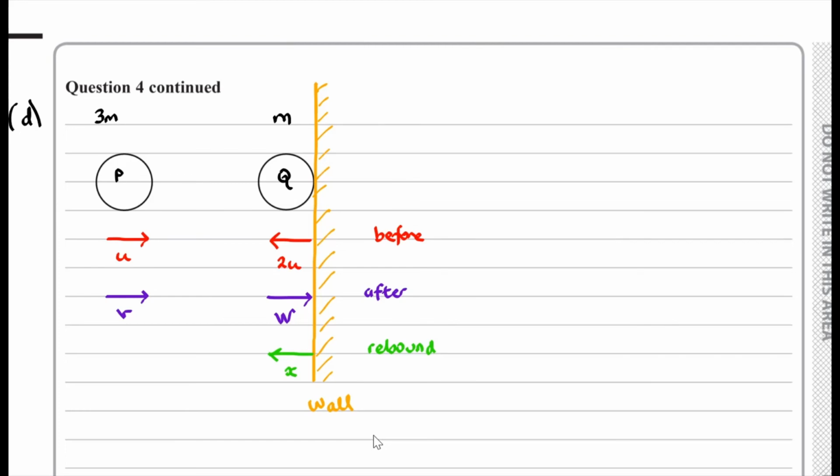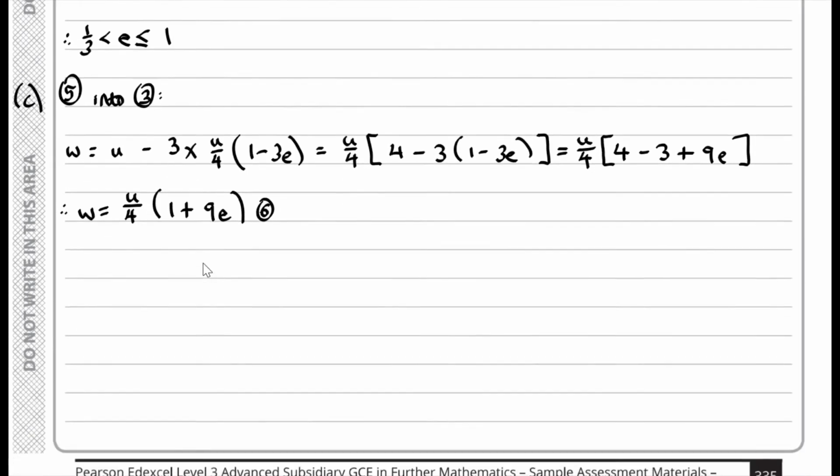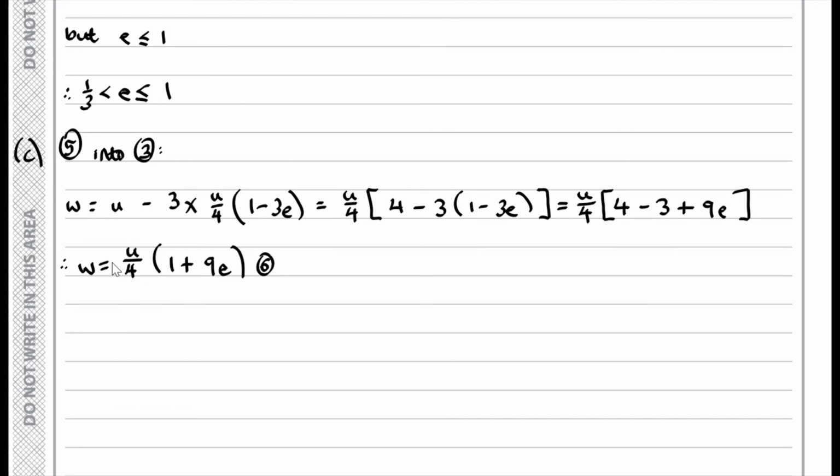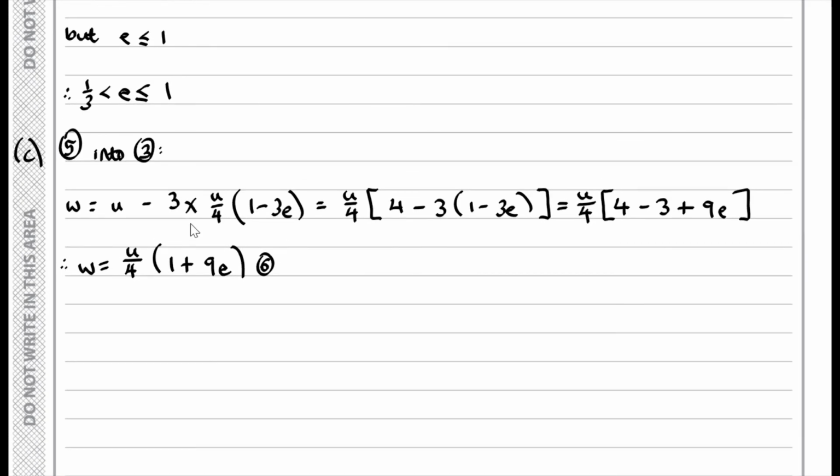Having said that, we can first of all use the fact that E is equal to 5 over 9 to find out what the values of V and W are.